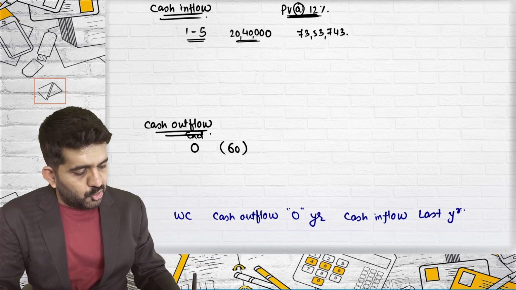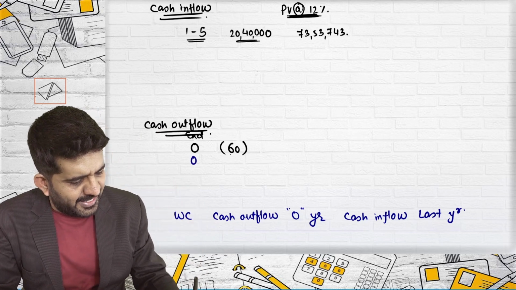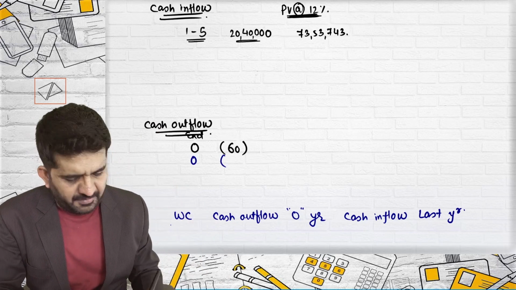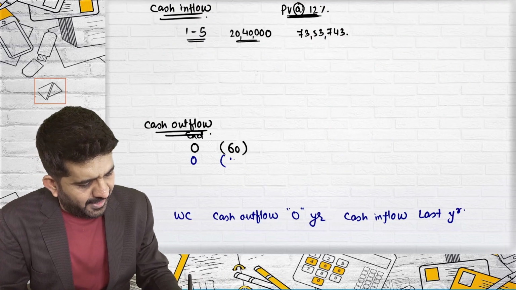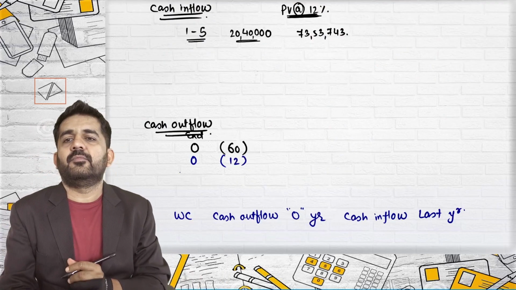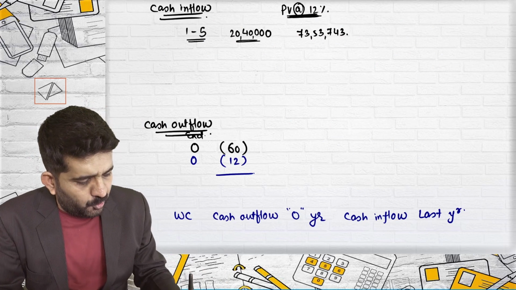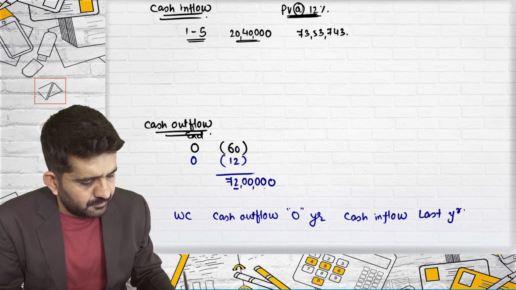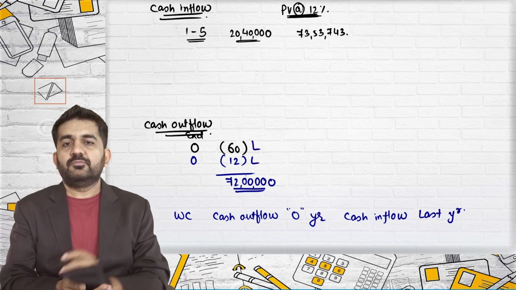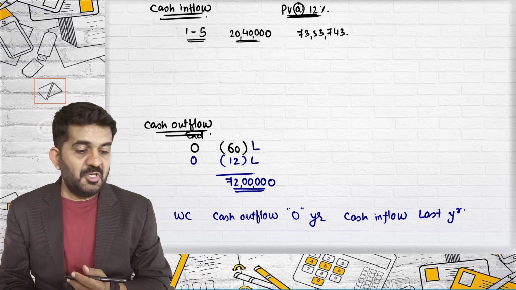Is it all right? So along with the 60 lakhs at the end of 0 year, there will be a working capital outflow of 12 lakhs also. So the total cash outflow is 72 lakhs. Both are in lakhs. All right.